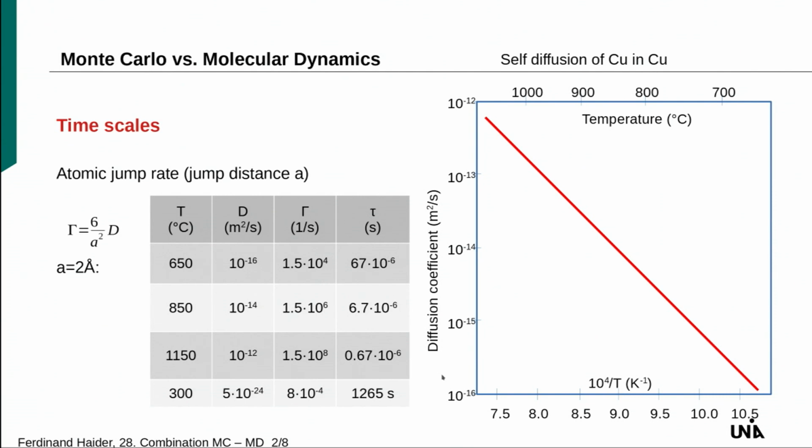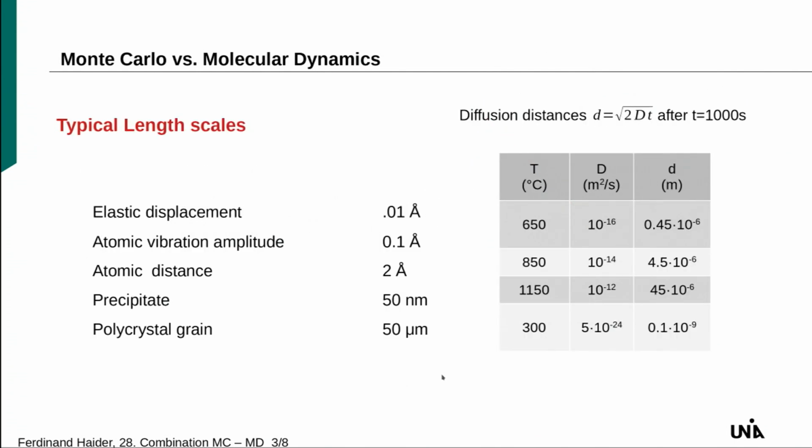Just shows the distance which can be overcome by thermal jumps over a certain time, or here it's, I think it's here. That's the diffusion distance. And here we compare to some physical distances here.